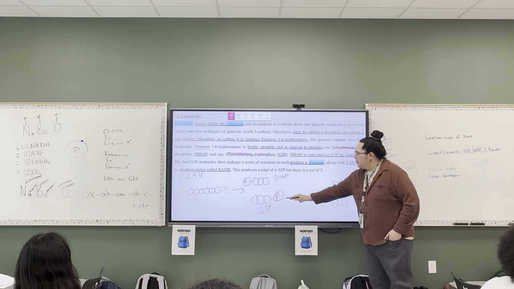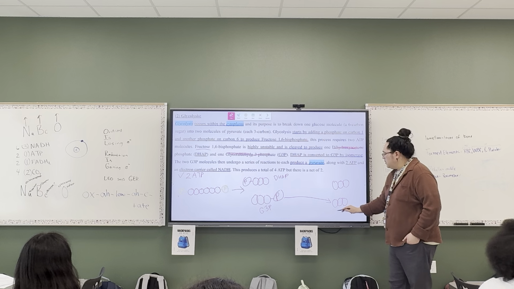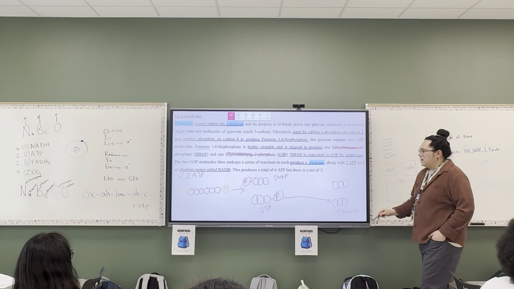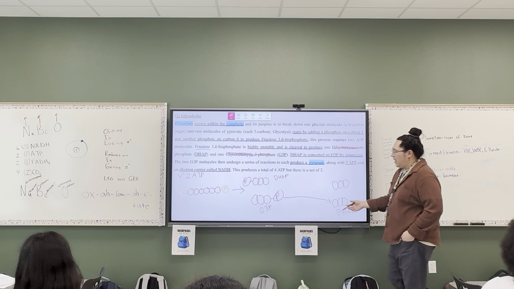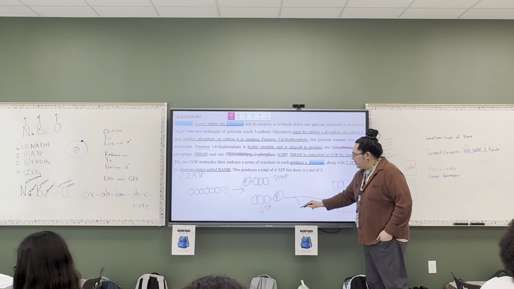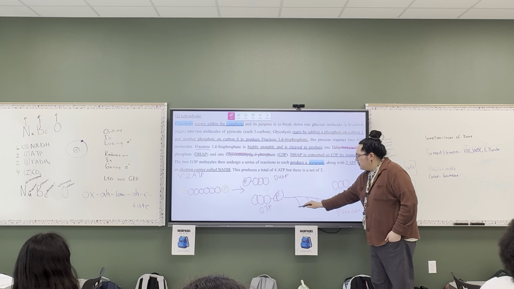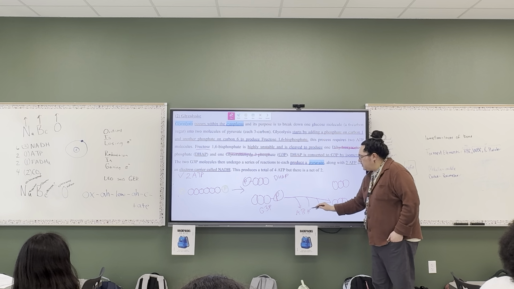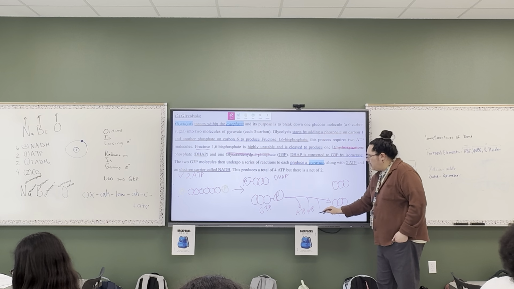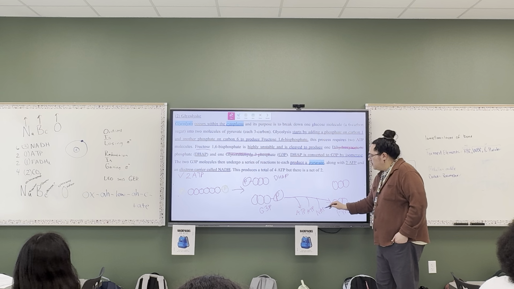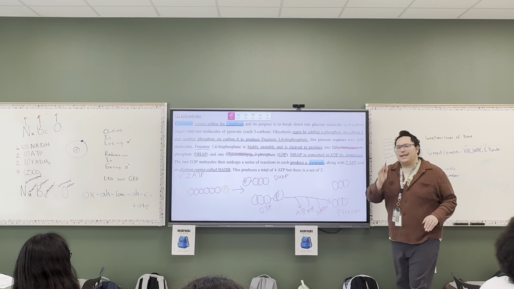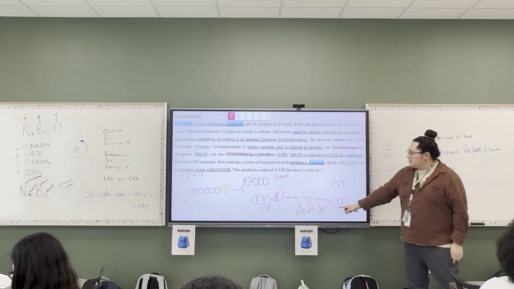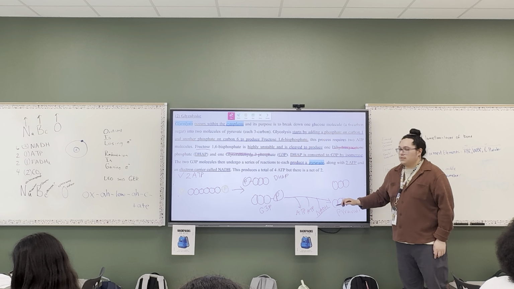For G3P, we're gonna turn it into pyruvate. But to get pyruvate, which is good for us, we actually end up getting a lot of good stuff. We get an ATP here, another ATP here, and we get something called NADH. Anytime we break something, that energy is released and stored in this compound called NADH.